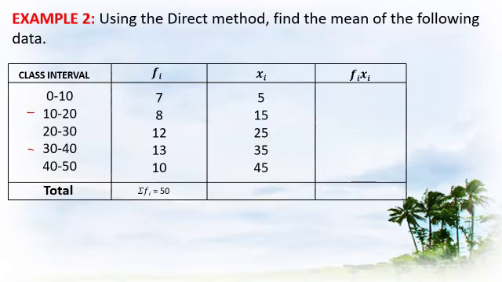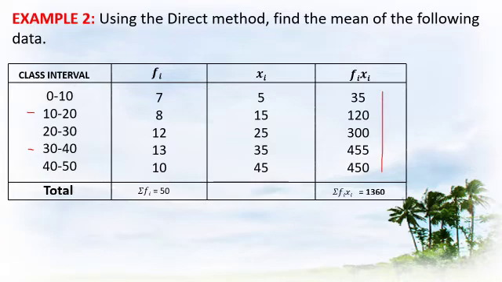In the next column, we will multiply frequency with class mark. 7 into 5, 35. 8 into 15, 120. 12 into 25, 300. 13 into 35, 455. 10 into 45, 450. Now we add all these numbers.